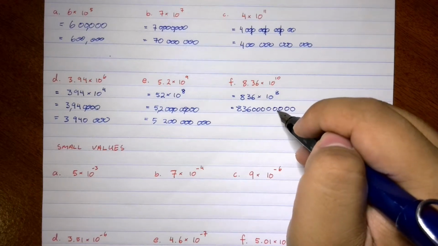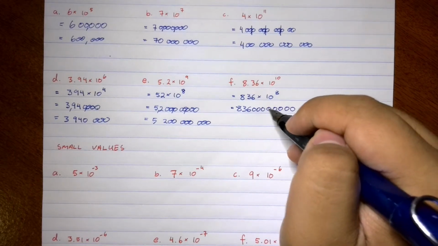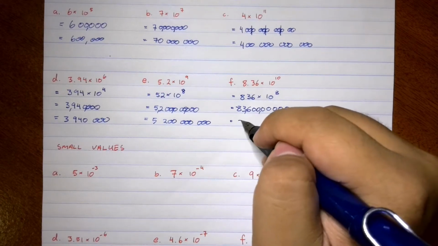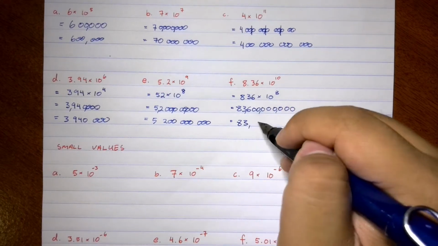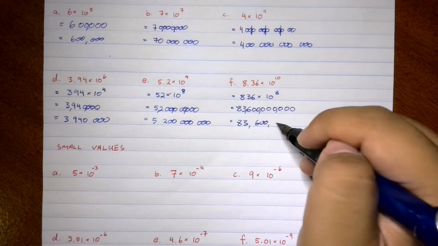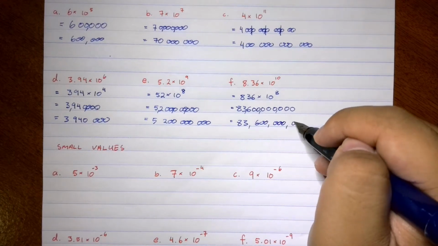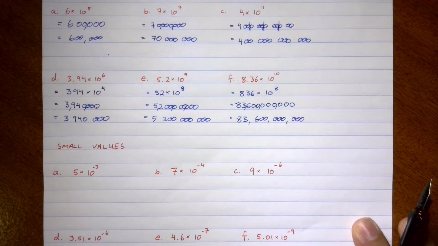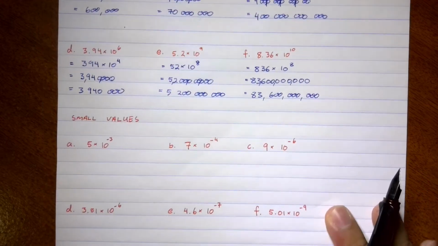Just fixing it up every 3 zeros, we can easily write this as 83. I don't even know what number that is anymore. It's a large number. Let's move along.